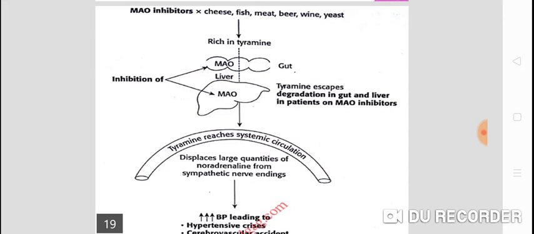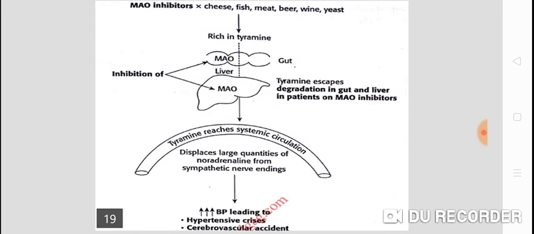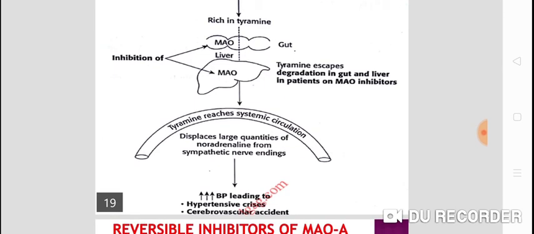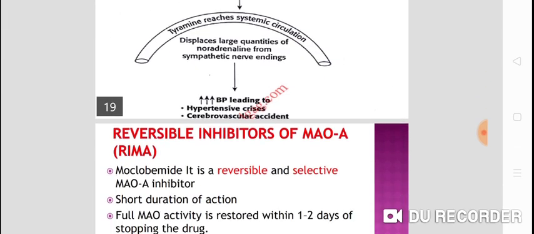Then what will happen? More and more tyramine reaches the systemic circulation because it will not degrade. So it displaces large quantities of noradrenaline from sympathetic nerve endings, and that may lead to increased blood pressure, which may lead to hypertensive crisis and cerebrovascular accidents or stroke.